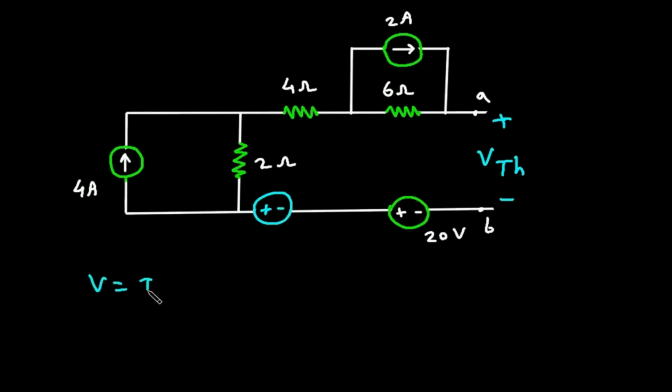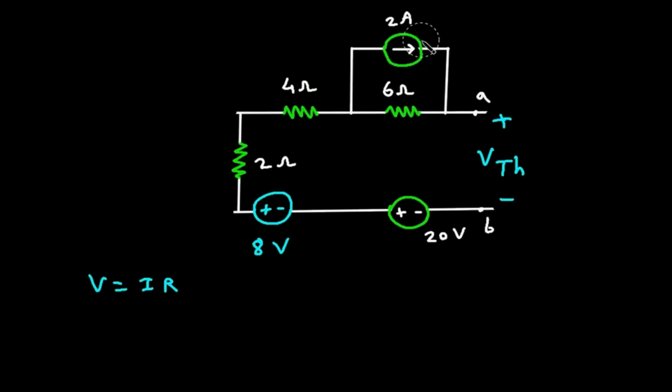Now V is equal to I into R. I is 4 and R is 2. So 4 into 2 is 8 volt. Now next is, we will convert this current source into its equivalent voltage source. So here this will be a voltage source. This will be positive and this will be negative.